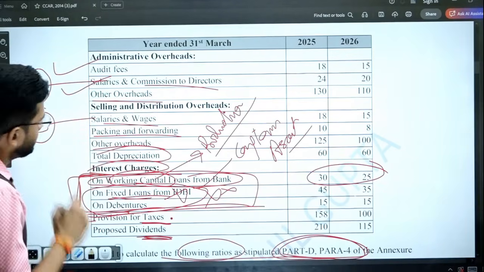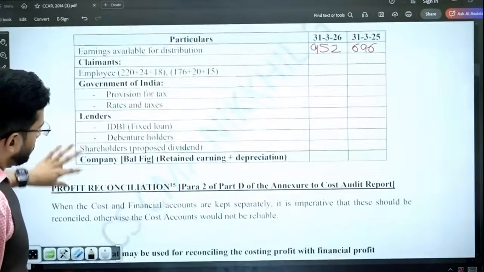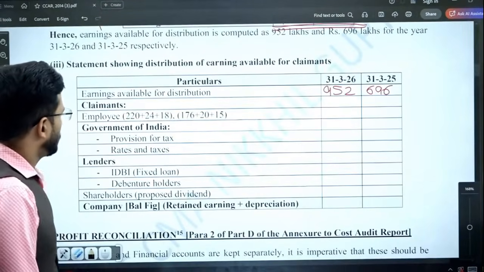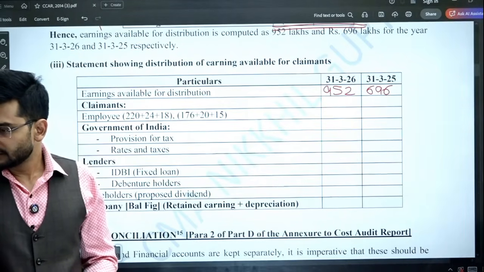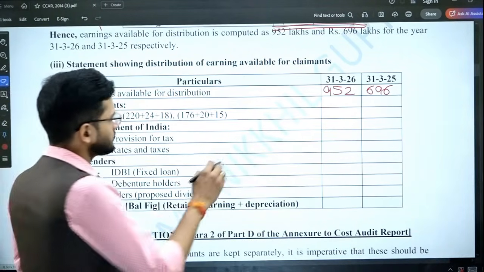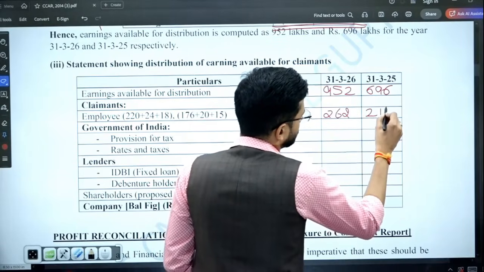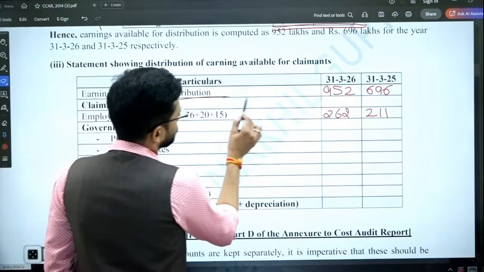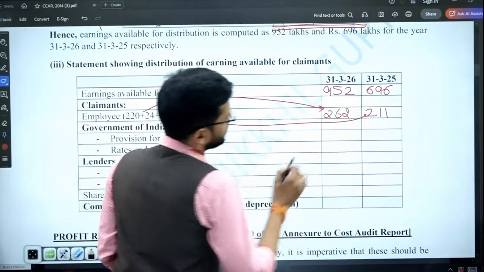These are the three things that we are going to add for employees, salary and bonus and whatnot. This comes out to 262 and 211. This is the calculation for 262. This is the calculation for 211.